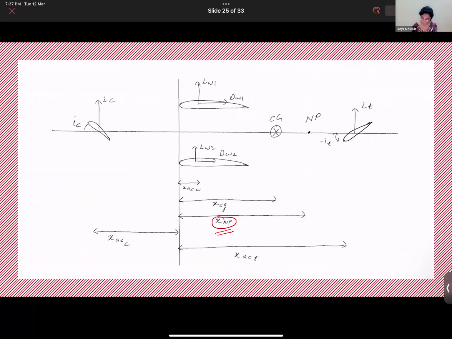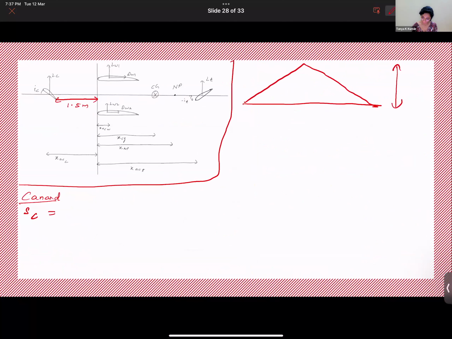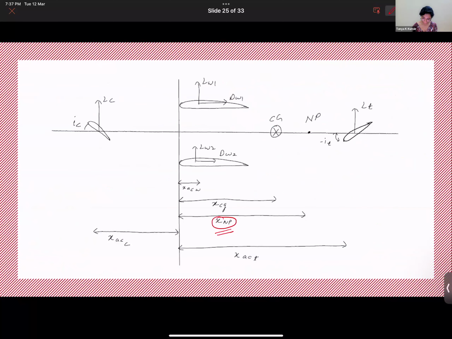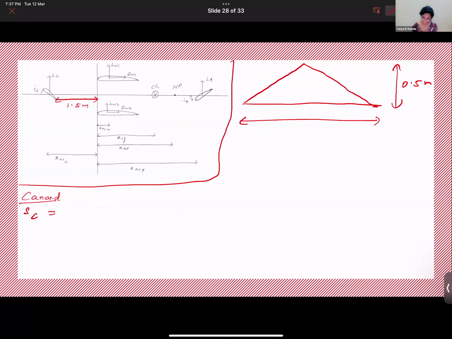So this is 0.5 meter. Span is, what was the span? 1 meter. They're not given units, but 1 meter. Now what is the area of the canard, SC? What is the formula?